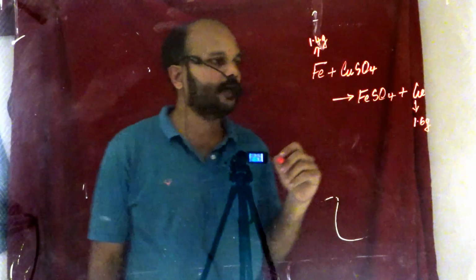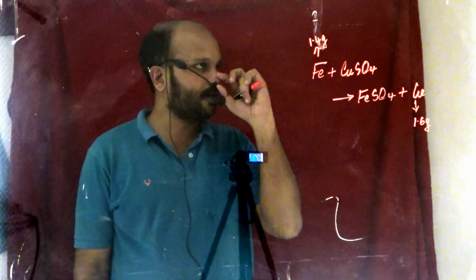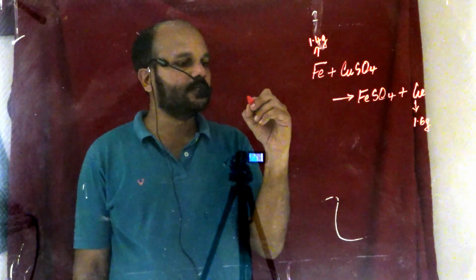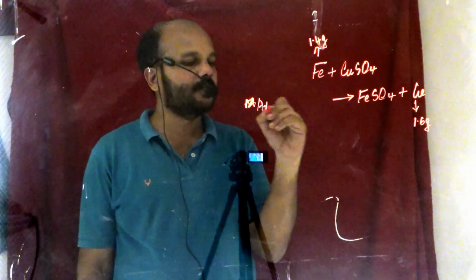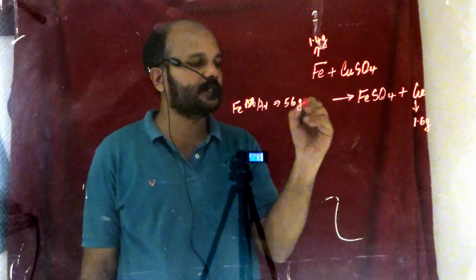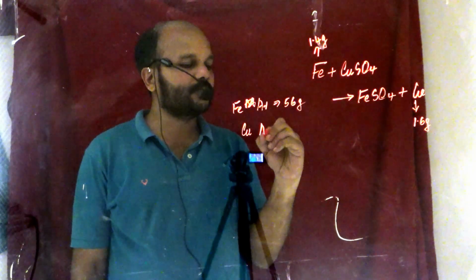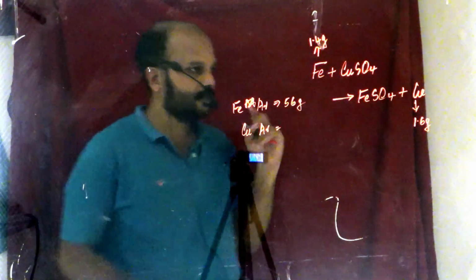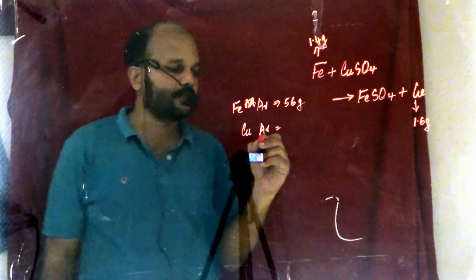So what you can understand about this is, see, the atomic mass of iron is going to be 56 gram. The atomic mass of copper is supposed to be 64. Yeah, 64.